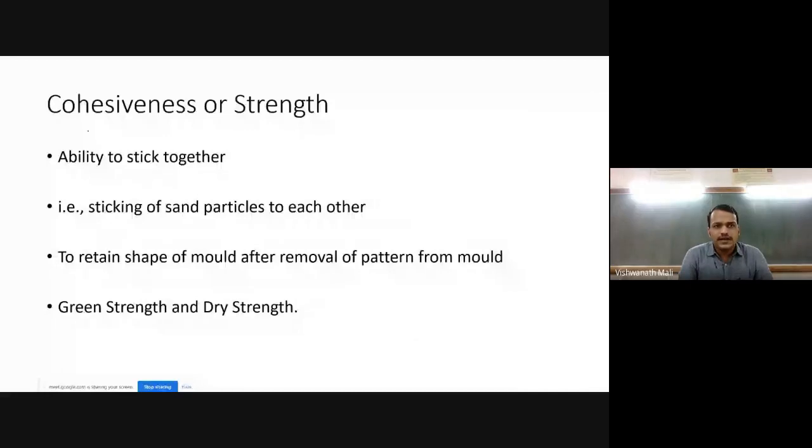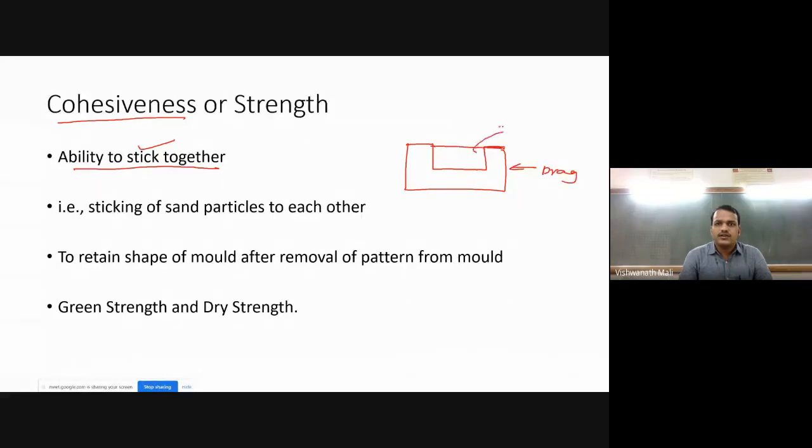Next is cohesiveness, means the ability to stick together. So what is the cohesiveness property? When we are removing the pattern, now let's suppose this is the drag, and from here we have removed the pattern.